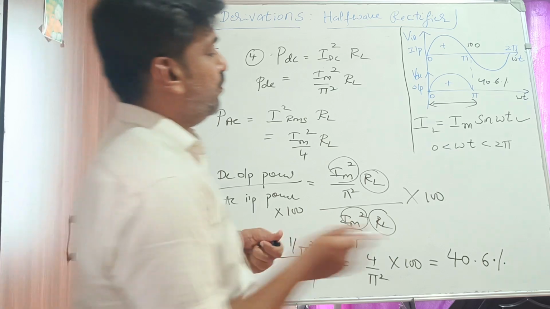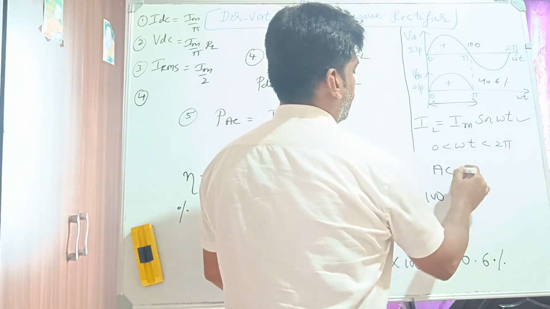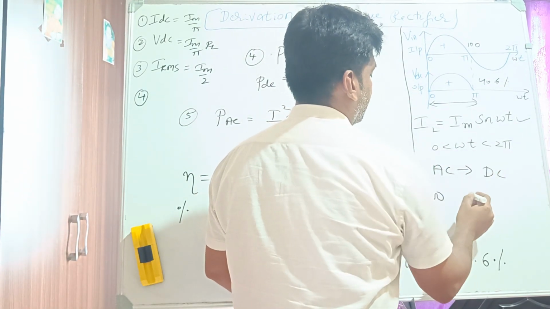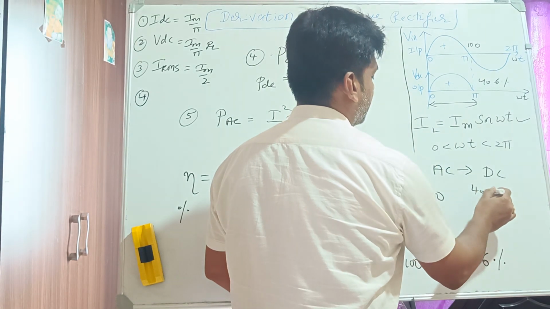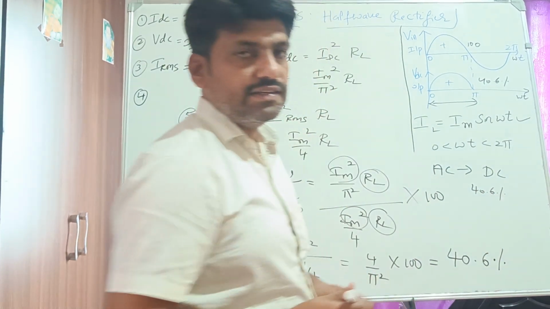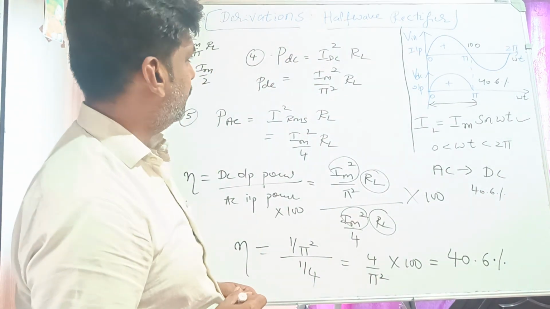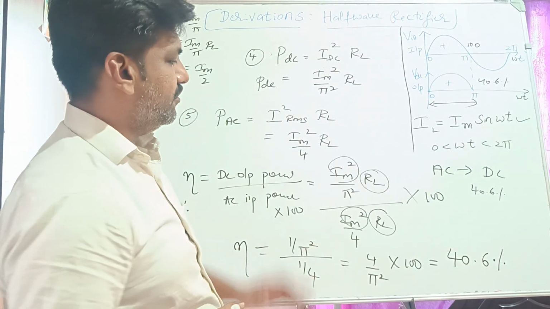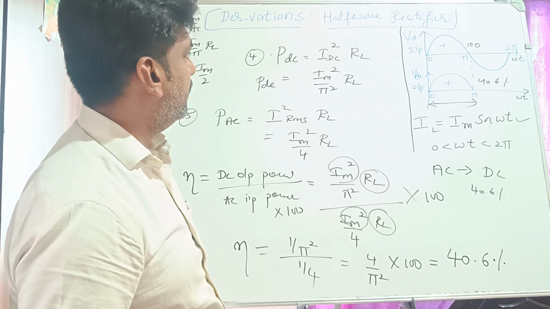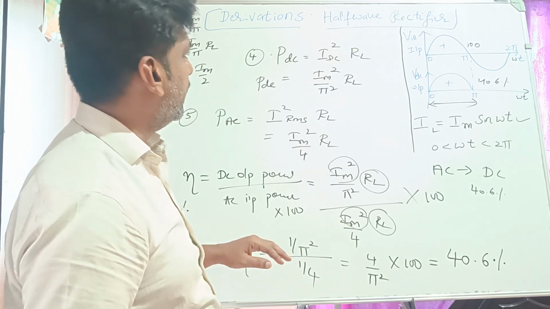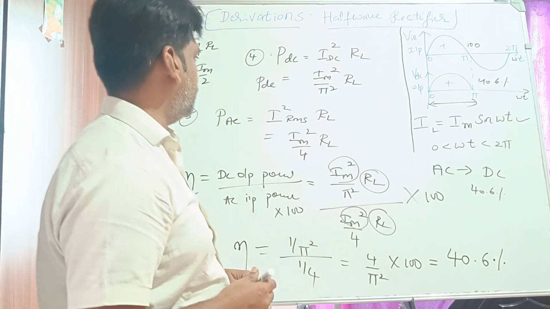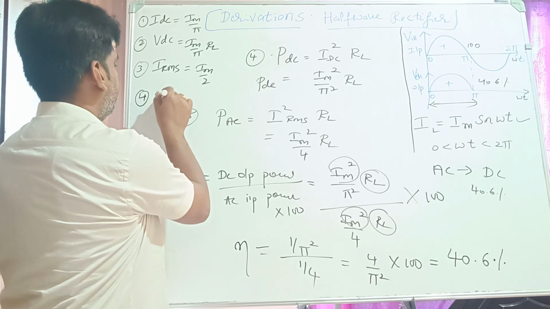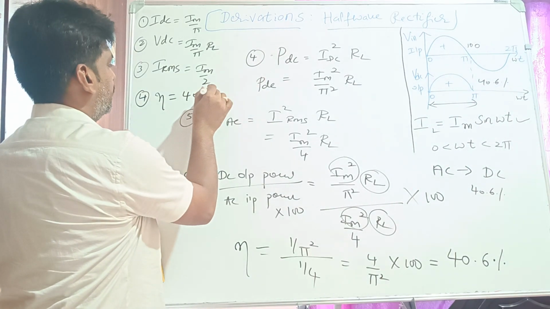That is, conversion from AC to DC is only 40.6%. The remaining 60% is going to be wasted. So that is the efficiency, 40.6%, right? So like this, we can have one more, that is with respect to, here I will write efficiency, which is 40.6%.